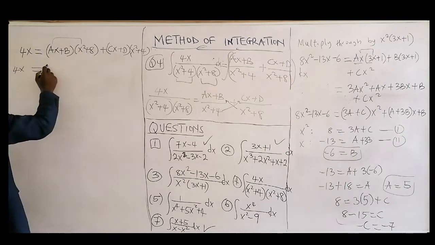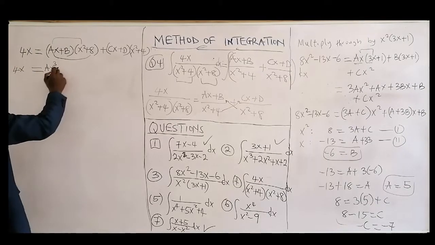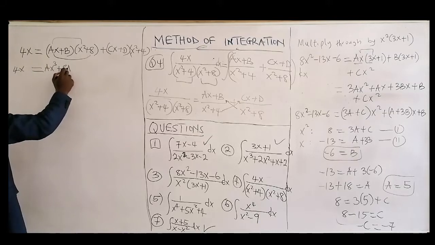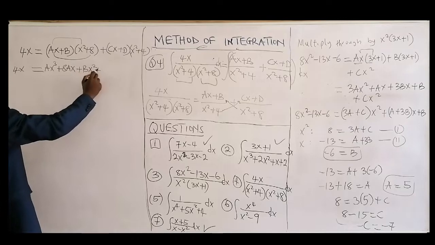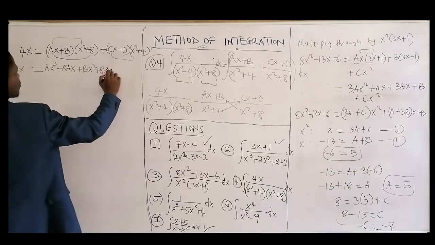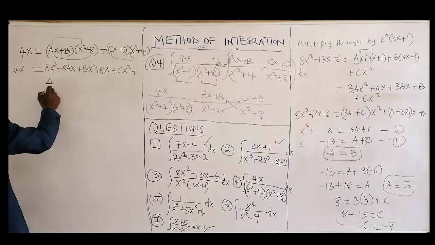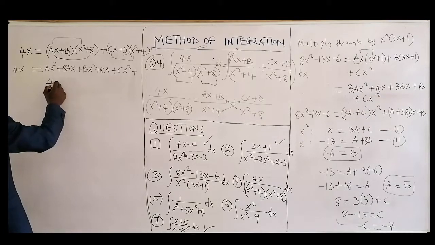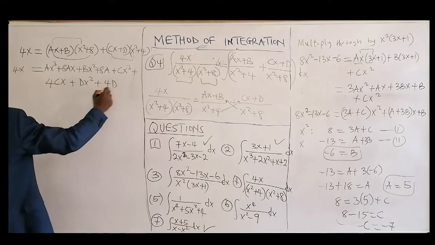This one times this one, I have ax cubed, and this one times this one plus 8ax, then plus this one times this one, bx squared, then plus 8a. Expand this one also. This one times this one, I have cx cubed, then plus 4cx, then plus dx squared, then plus 4d.